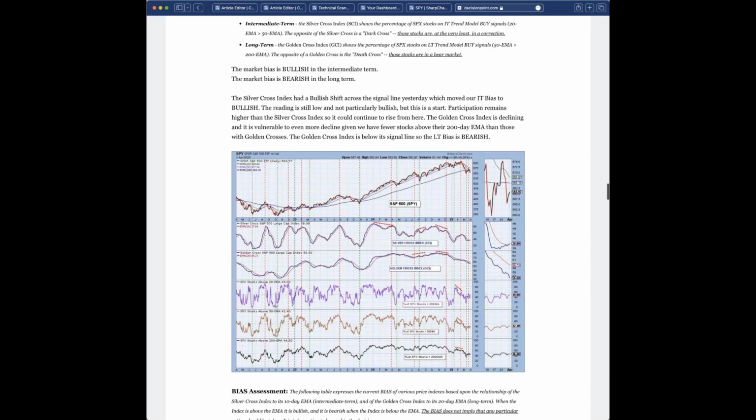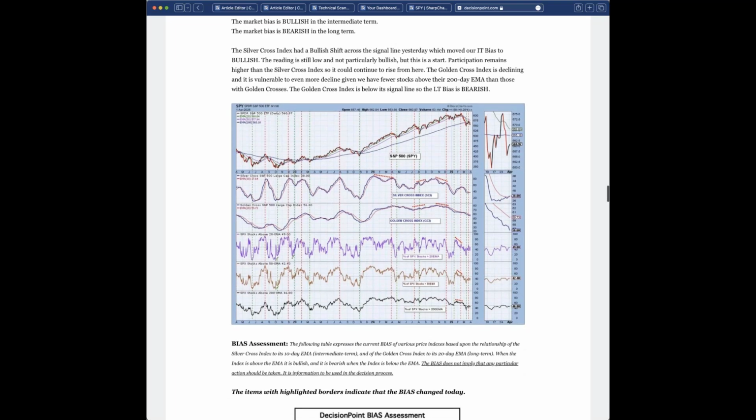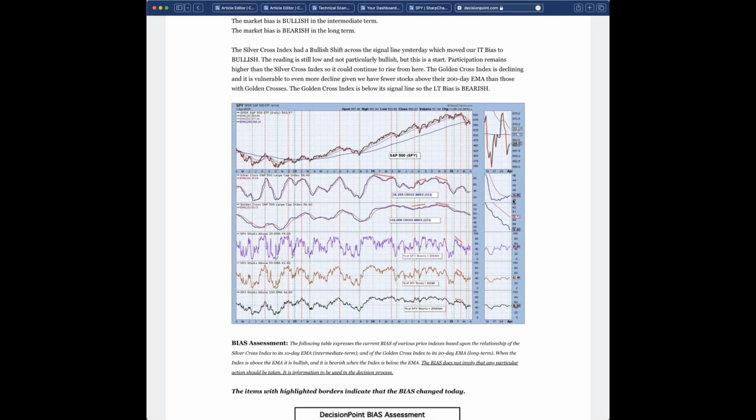Here's the bias chart. And the Silver Cross Index for the SPY has had what we call a bullish shift above the signal line. So that has set up a bullish bias in the intermediate term for the SPY. But I would say that the reading itself is only 38%, so it's still not a very healthy reading, but certainly we are getting this turn, and that particular bullish shift does suggest we could end up seeing higher prices from here.